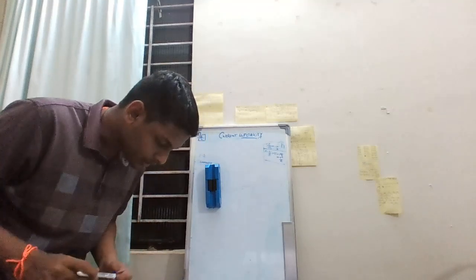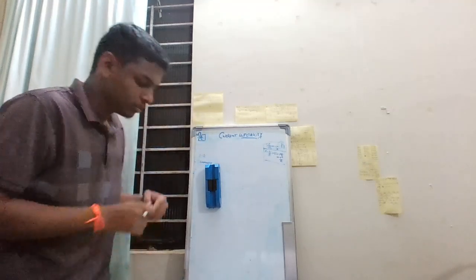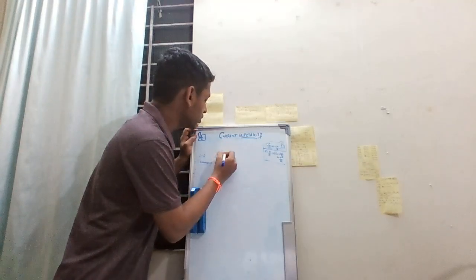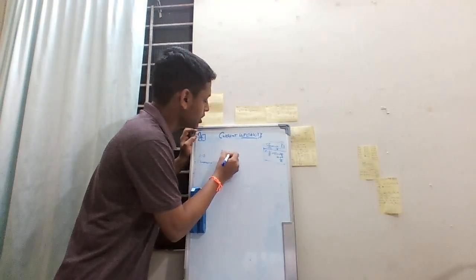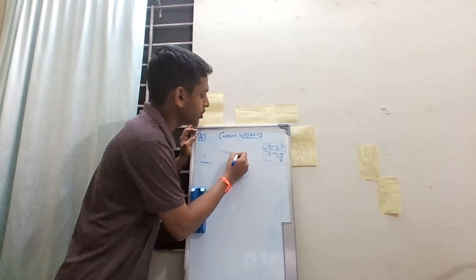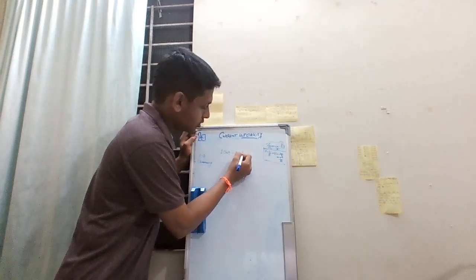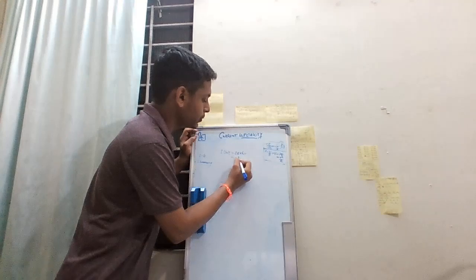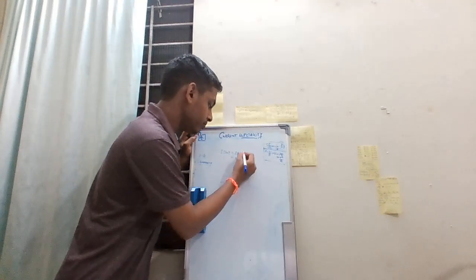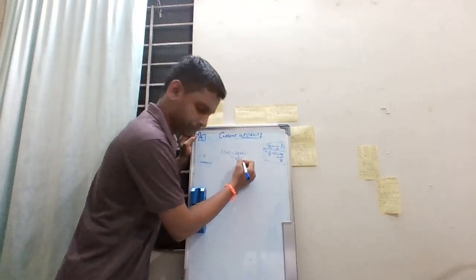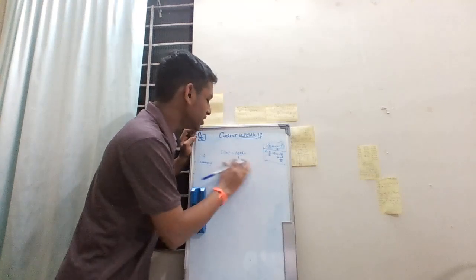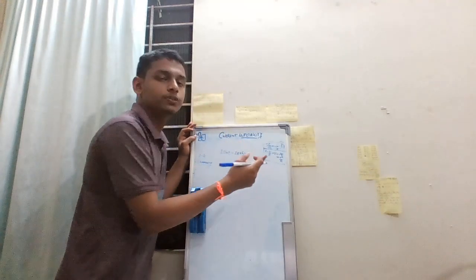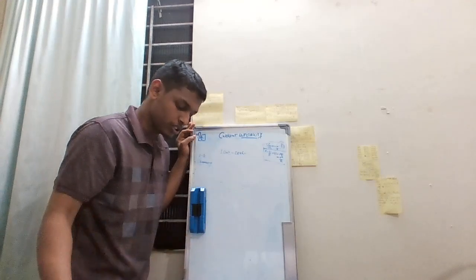Now we have an example. Before that, we need to know what is 1 unit. 1 unit is also known as 1 kilowatt hour, where 10 power 3 into... basically just remember that if we multiply all this, we'll get electrical energy.